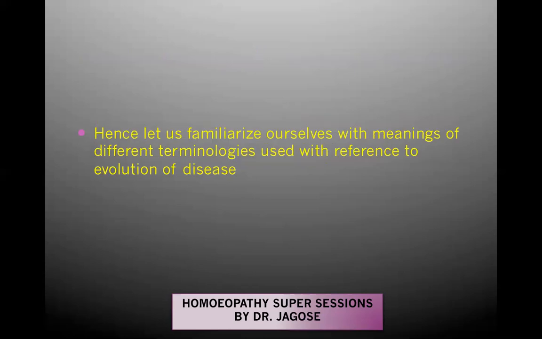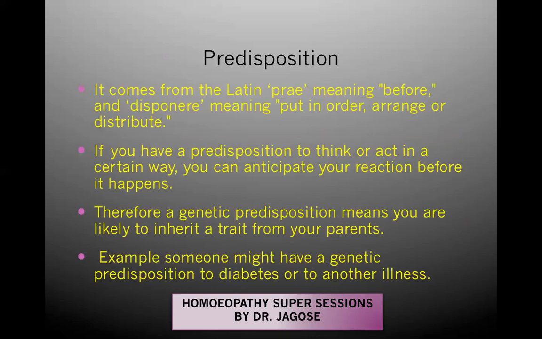Hence, let us familiarize ourselves with the meaning of the different terminologies used with reference to evolution of the disease. Now at the end, I'll show you a big flow chart which will explain all this, so it will become much clearer. So let us see, what does the word predisposition mean?